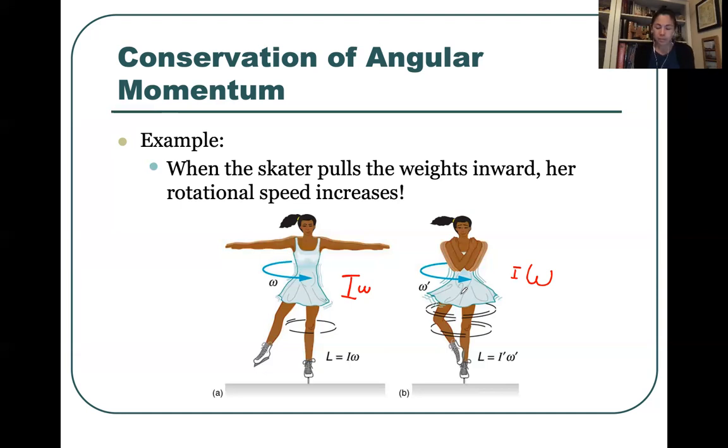Even if you look at the divers who are jumping off and doing all these rotations, or in gymnastics, you'll see that depending on how fast they want to go, they will make themselves smaller to reduce their rotational inertia, or bigger if they want to start slowing down.